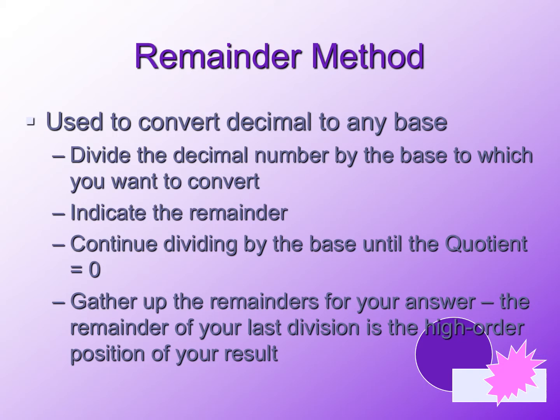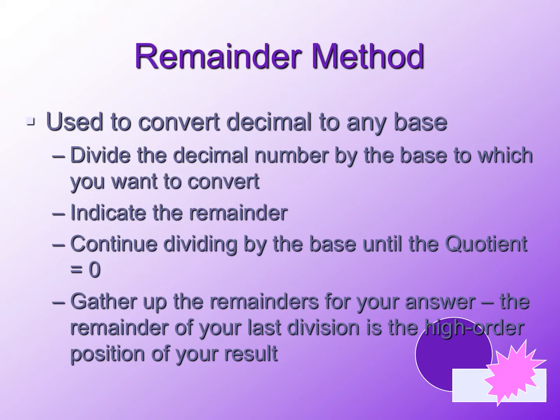The one reason I don't like the remainder method is that when I know it won't go in anymore, I think I'm done, and you're not. You have to do it until the quotient is 0. You gather up the remainders for your answer, and the last division gives the high order position of your result, and you have to remember that too.